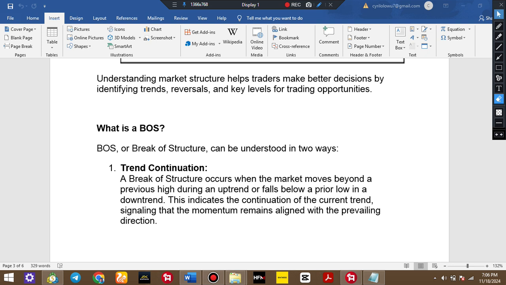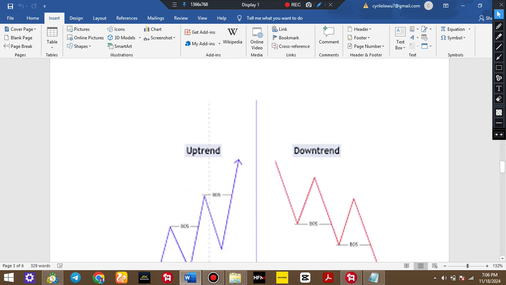With that, they will be able to make a decision to take advantage of the trend. That means placing their entries based on the direction of that trend, because they have been having a sequence of BOS towards that direction.